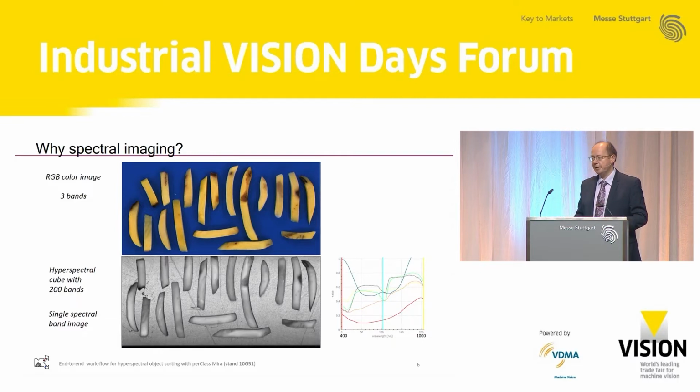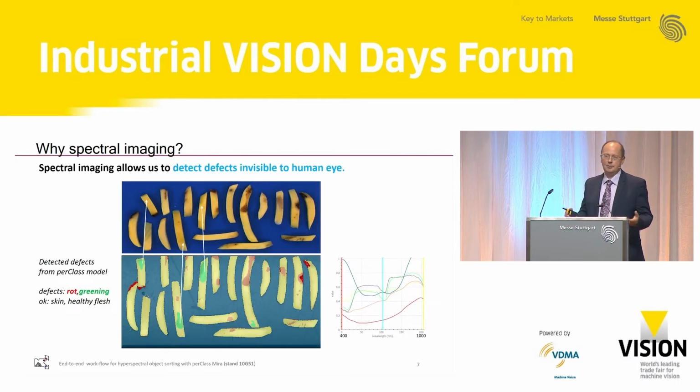But if you look at the entire cube, we can use some clever statistical algorithms to actually extract information, for example, about internal defects or defects on the surface of the objects, such as greening, that are actually not yet visible on the sample itself to the naked human eye or to the classical vision with a color camera. So that is the exciting thing, that we can basically look at defects that are otherwise invisible to us and look even at the quality of products.